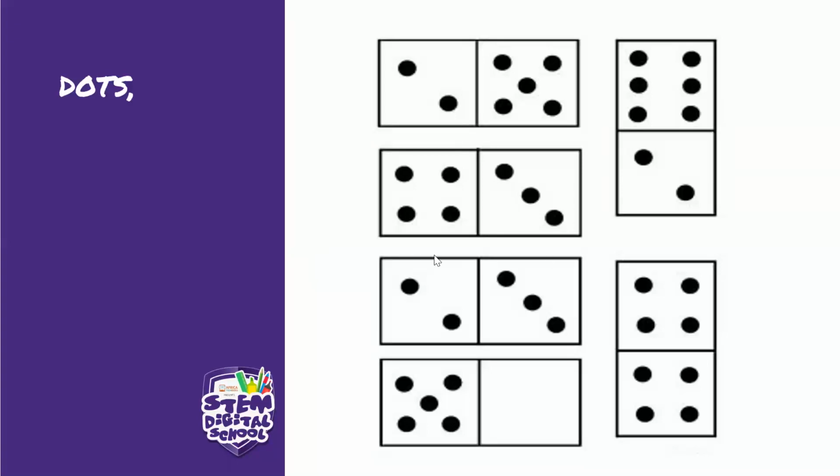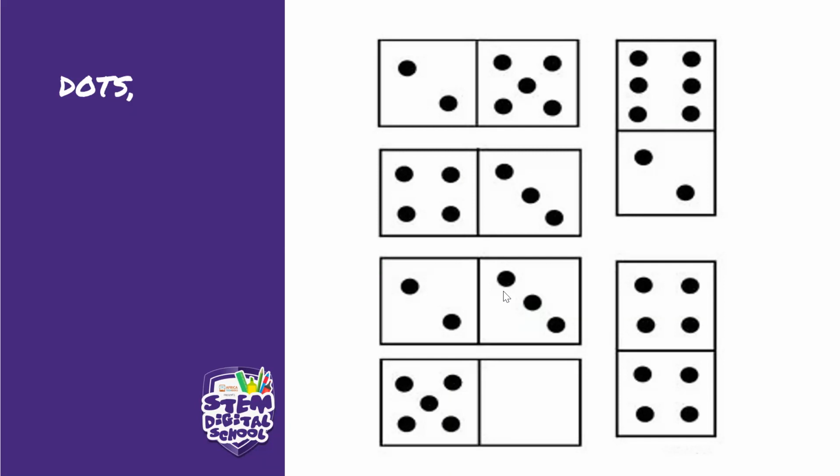Okay, who is ready to count the third rectangle here? If you're ready, raise your hand. Okay, let's go. You can start. 1, 2. Yes, and then the second square. No. How many dots are here? 1, 2.